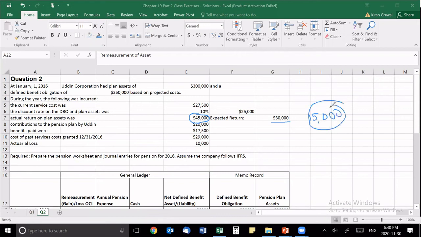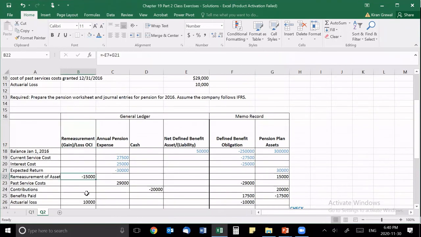That's good because we only thought we were going to get 30, and we actually got 45. So that's going to be a credit to our OCI. A credit to our OCI means a negative amount on our worksheet. So in the first column here, which is our new OCI column, we're going to have negative 15,000 because it's a credit to OCI.